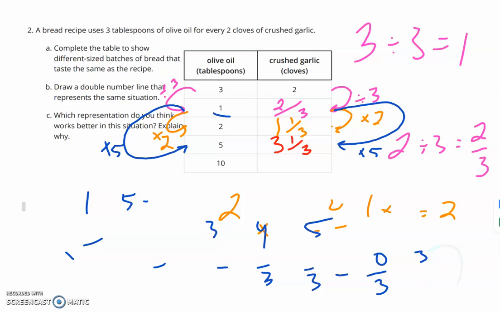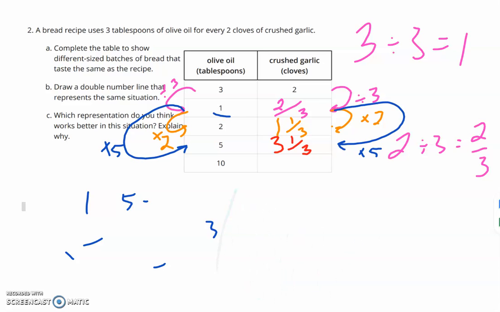The last one, we're trying to get to 10. I could try and go from the 3 to the 10, or the 1 to the 10, the 2 to the 10, and the 5 to the 10. I like the 5 to the 10 the most.